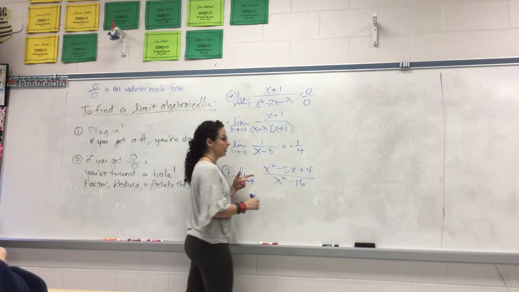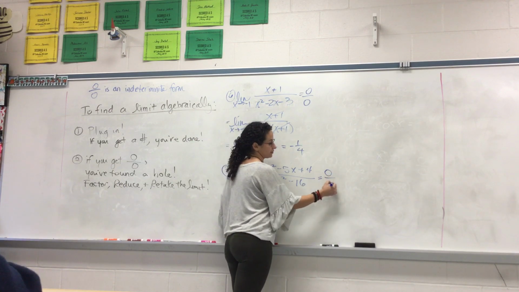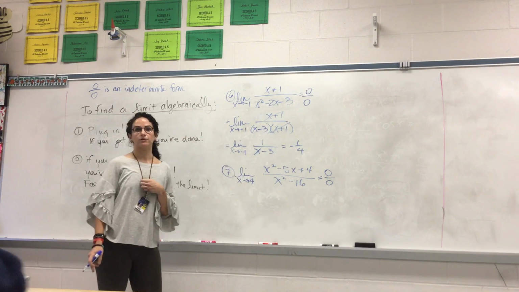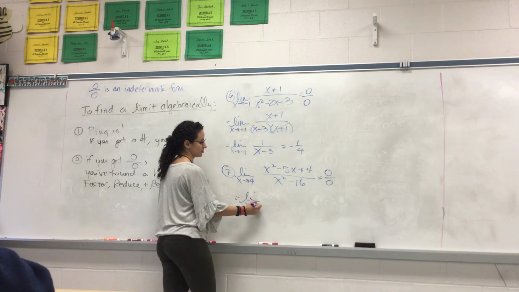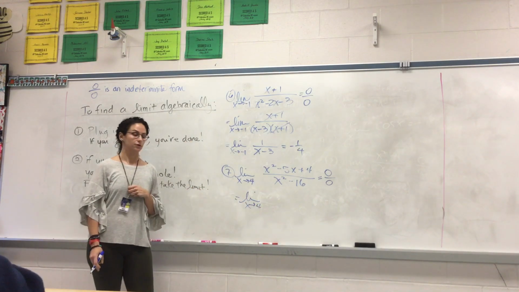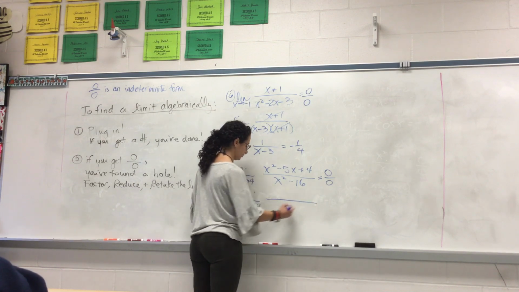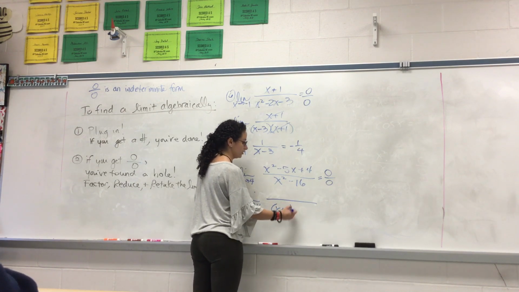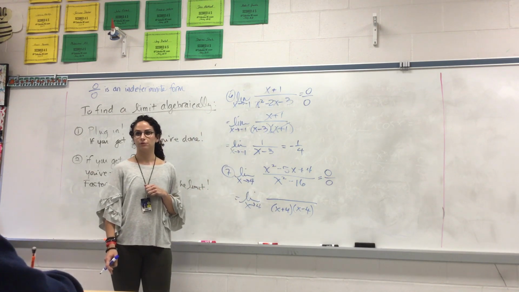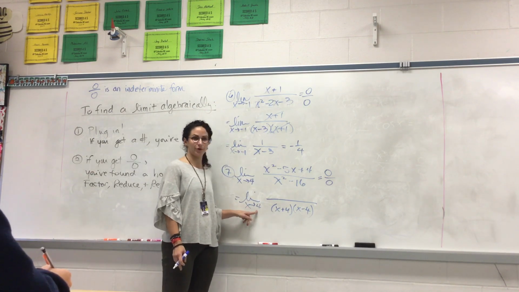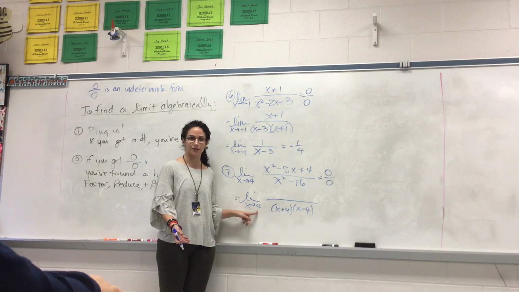You have to plug it in. But if you plug it in, you do get 0 over 0, right? So we're going to factor, reduce, and retake the limit. The bottom is lovely. It's (x plus 4)(x minus 4). Which of these do you want to maintain in the numerator? The x minus 4, because you want the part that makes it 0 to go away. Does that make sense, guys?